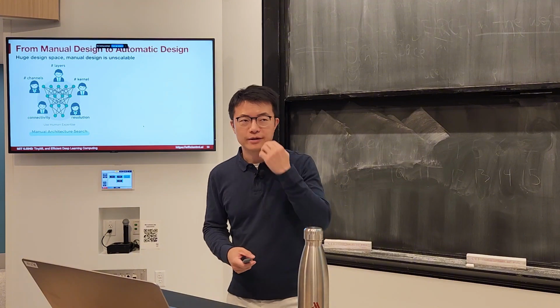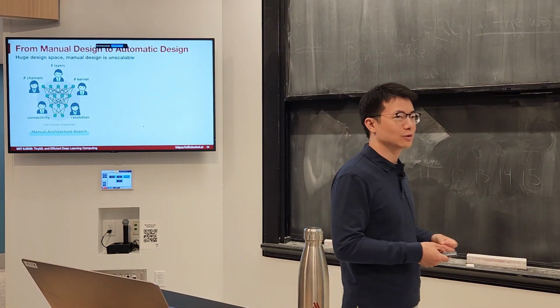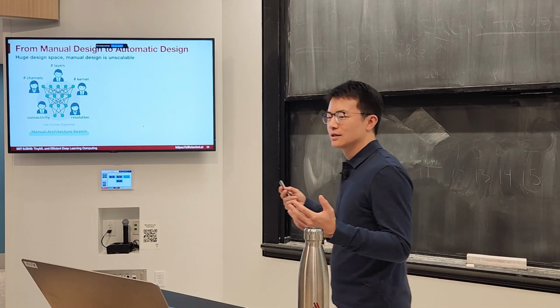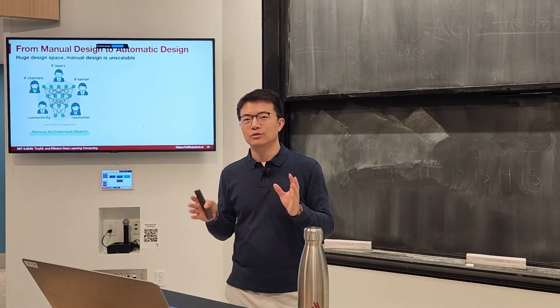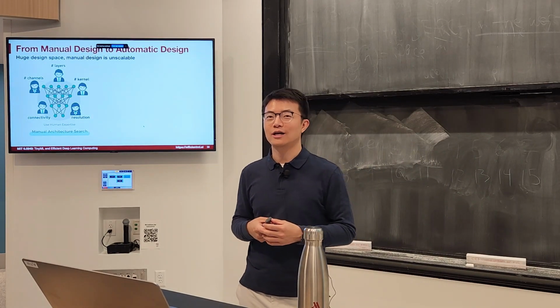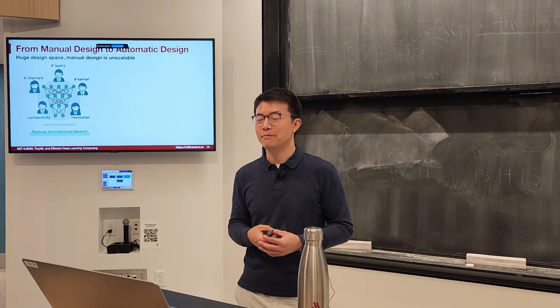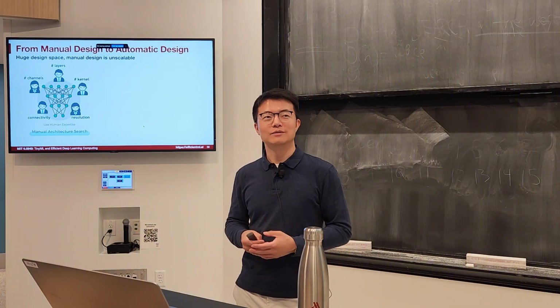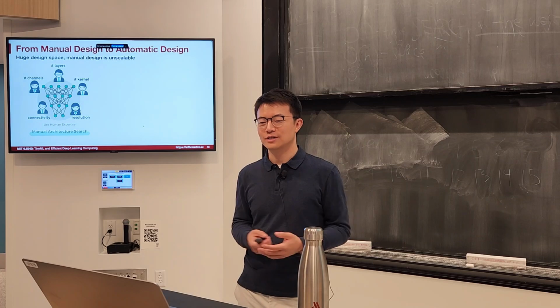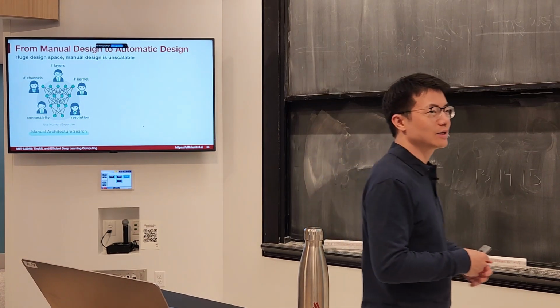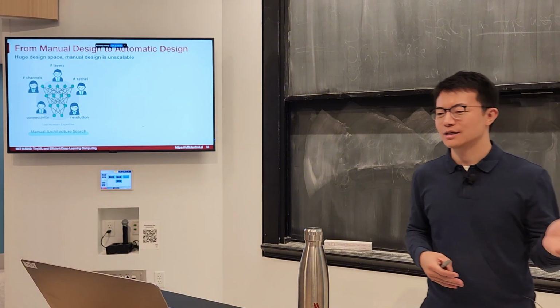So conventionally, when we are designing the model, we usually design them manually. Okay? There are so many layers, and we choose across different kernel sizes, 3 by 3, 1 by 1, 5 by 5, 7 by 7. And we pick a resolution, maybe 224, maybe 256, 384. And we learn those connectivity, bypass layer, no bypass layer.